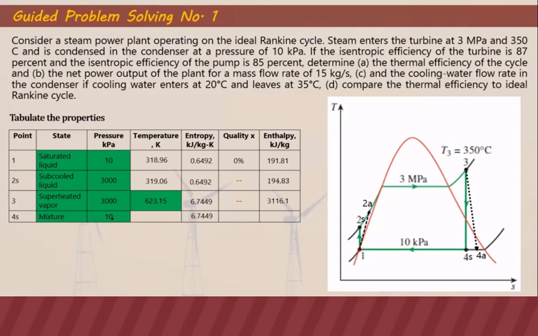So inputting 10 kPa and 6.7449 in our specified state points, our temperature is 318.96 and enthalpy is 2136.1. So we're able to get all of the properties that we will need to compute the different quantities.